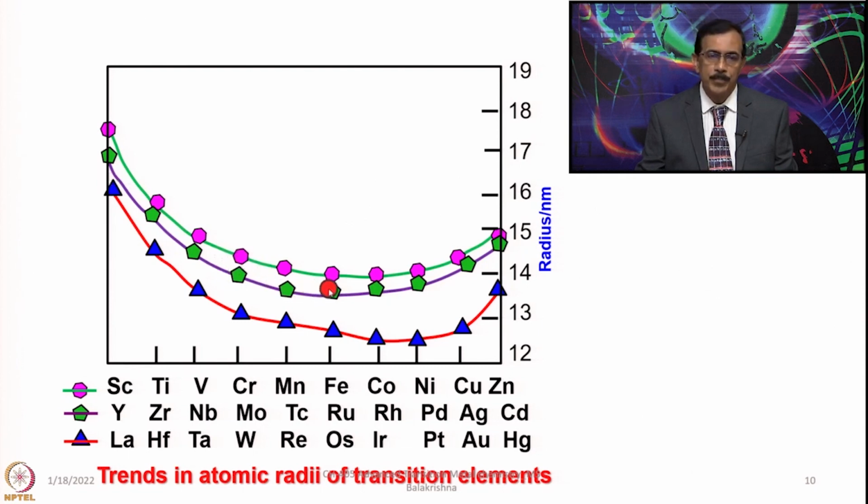But on the other hand, once it is half filled, we have the maximum. After that, when you add more and more electrons to the d shell like d6, d7, d8, what happens? You have to consider inter-electronic repulsion also. Because of inter-electronic repulsion, the size increases. So, the trends are clearly seen, and the trends are very comparable among 3D, 4D and 5D series.